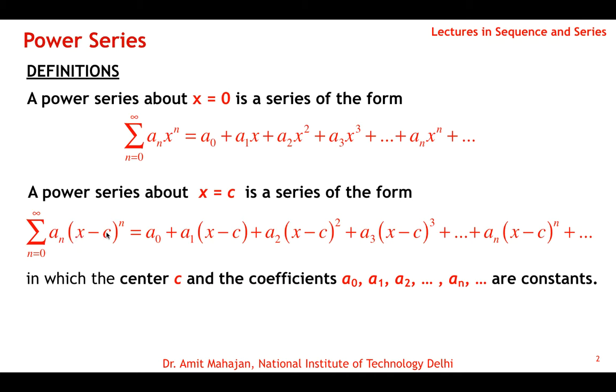So now this infinite polynomial is in powers of x minus c. Okay, so that means we are trying to find a power series about this point x is equal to c, and these ai's are constants. Okay, and c is the center of this series about which this infinite series is written.